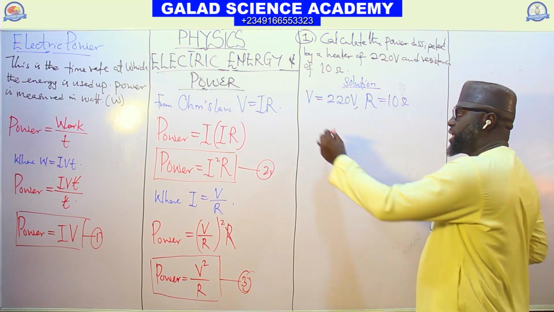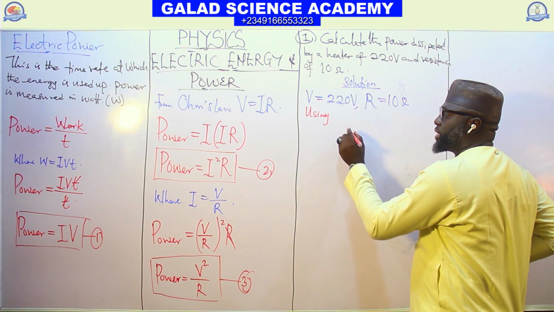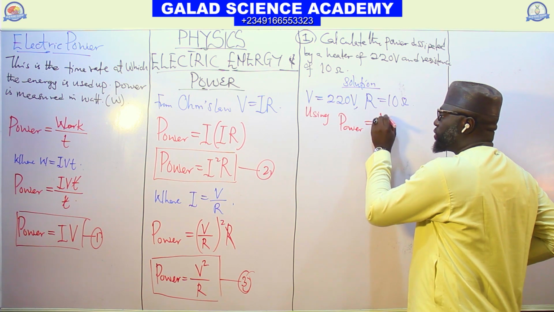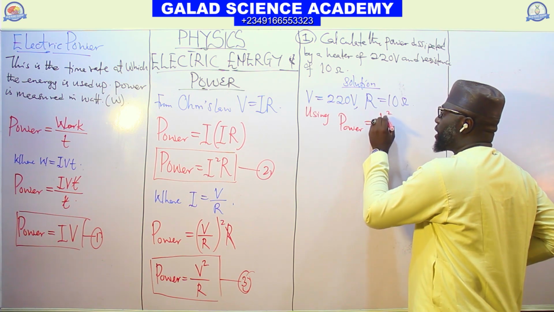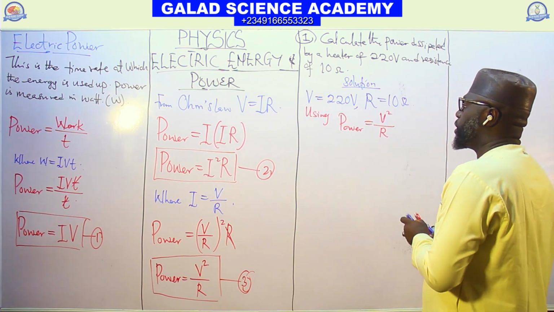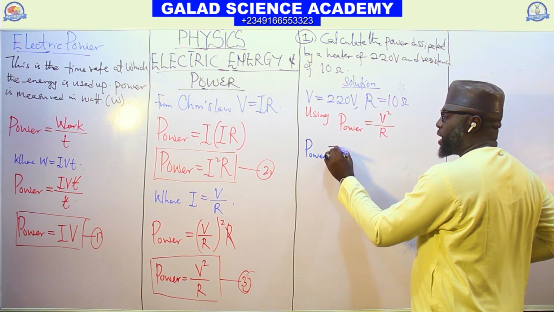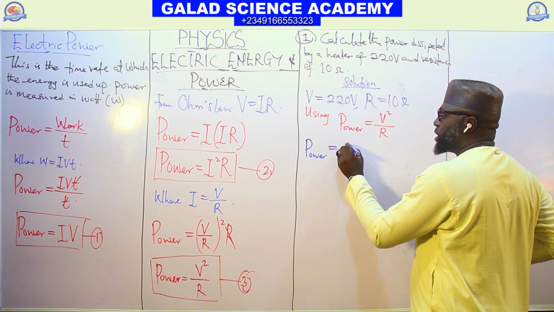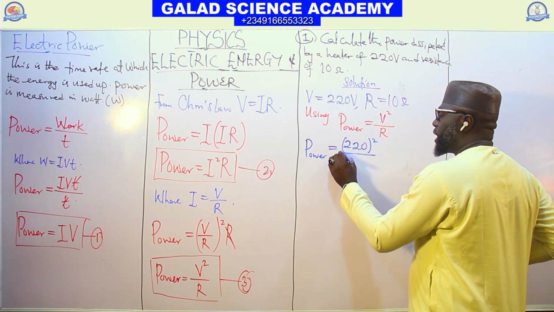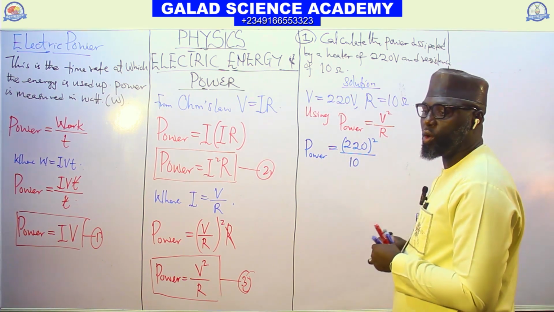Using equation 3, power is equal to V squared over R. By using this expression, the power is equal to 220 volts squared over the resistor, 10 ohms.